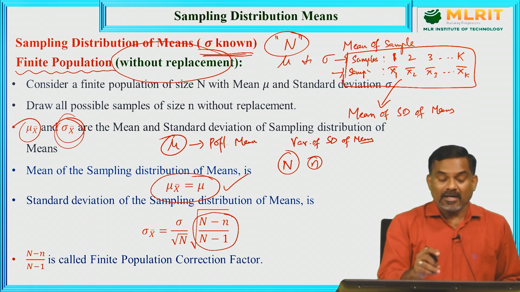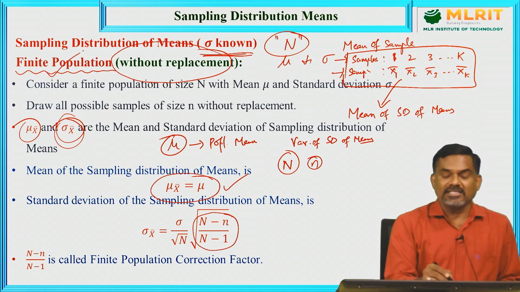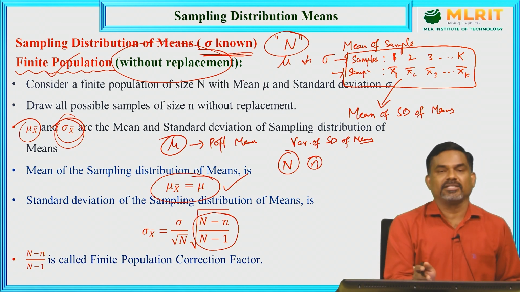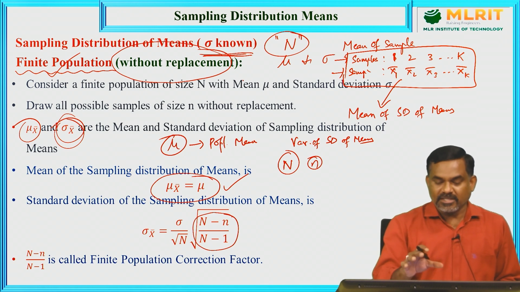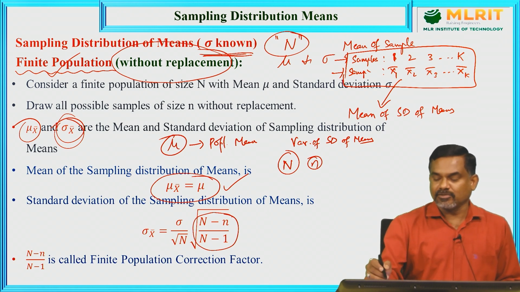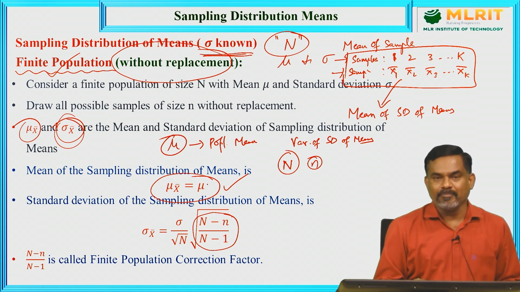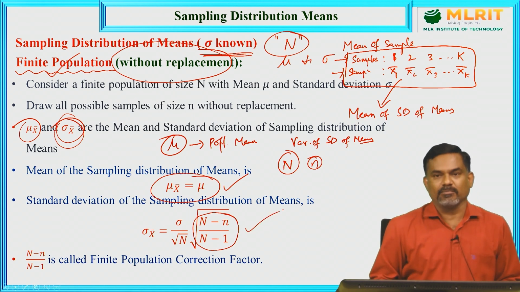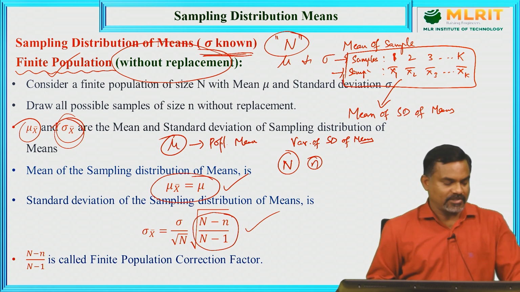That's why finite population case or sampling without replacement, these two are one and the same. So in this case, the mean of the sampling distribution of means is equal to mu, and the standard deviation of the sampling distribution of means is equal to sigma by root capital N into the square root of capital N minus small n by capital N minus 1.